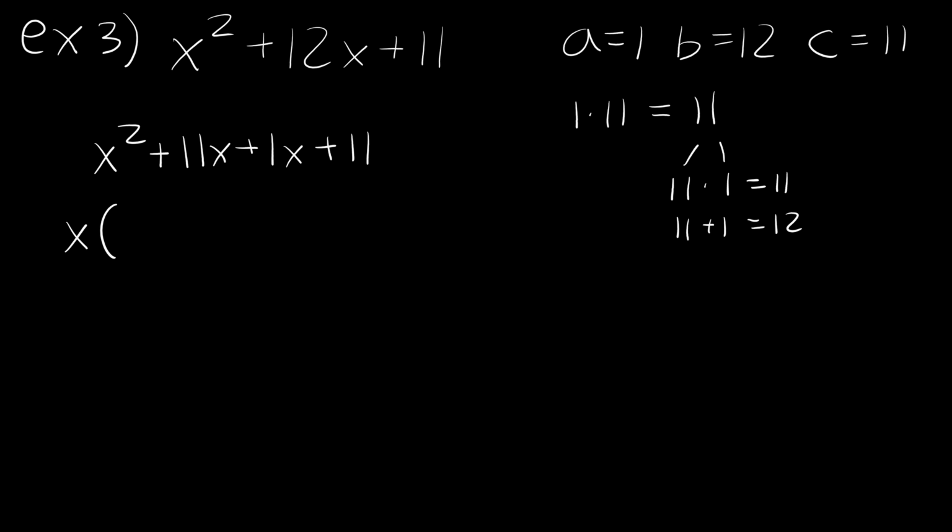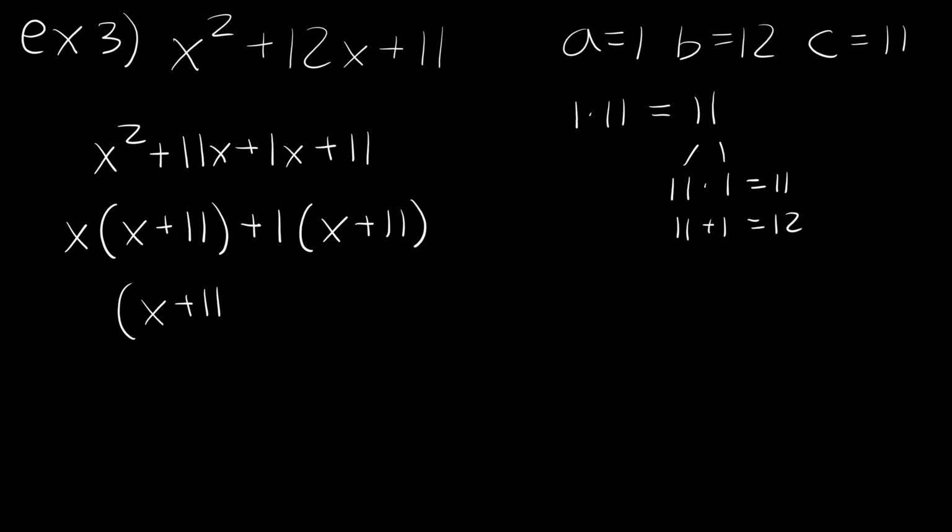So x, then x plus 11, plus, and then 1x plus 11, we can factor out a 1. So 1, then x plus 11. So we can factor out now x plus 11, x plus 11, then x plus 1, and that is your answer.